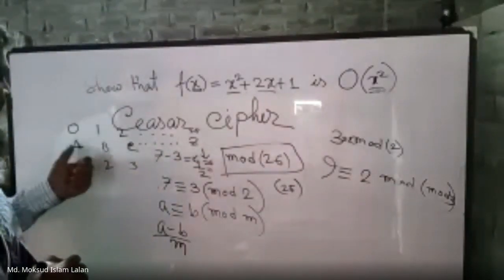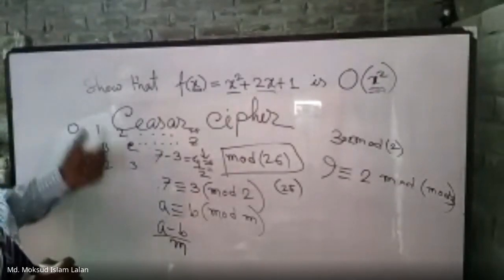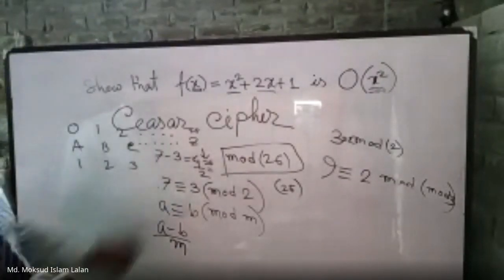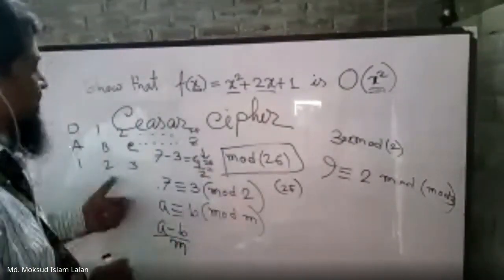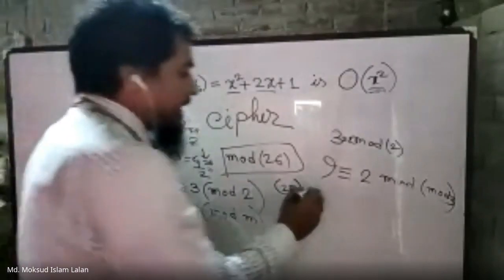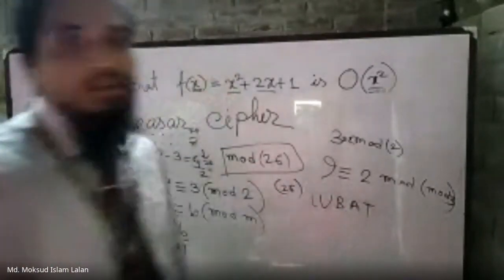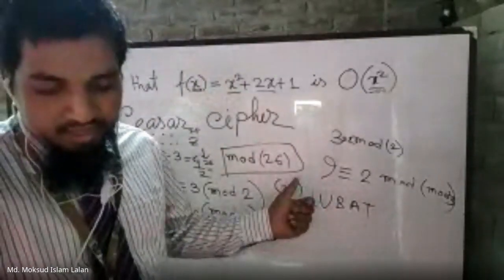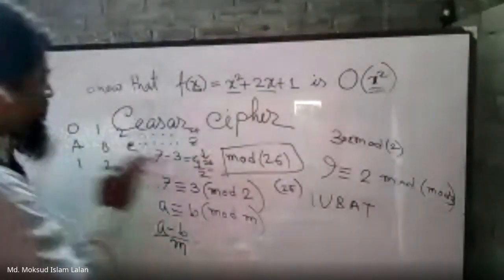So maybe a is represented by numeric 0, b by 1, 2, like this you have to take, and from here you have to divide. As for example, if it is written IUBAT, do you understand? Yes, sir. So I is represented by what numeric?